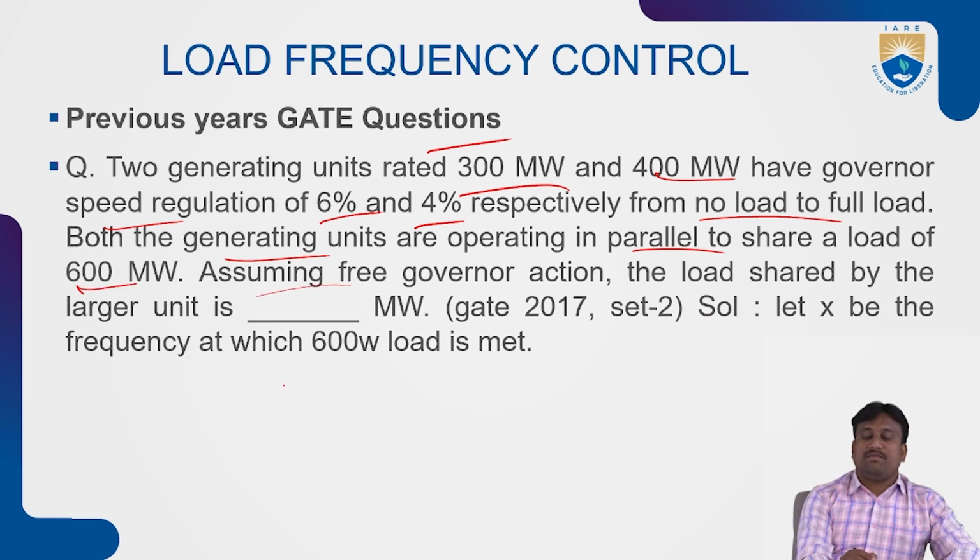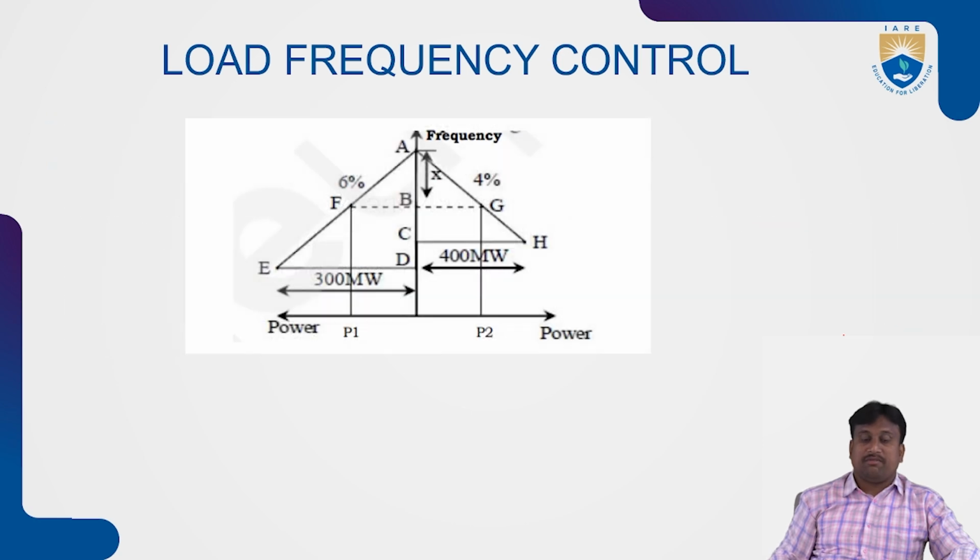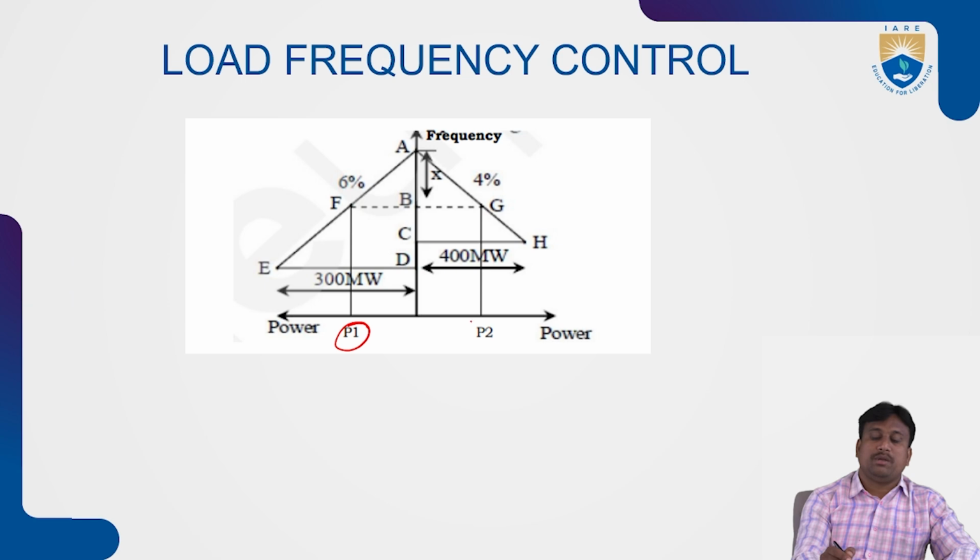Assuming free governor action, we need to find the load shared by the larger unit. Let x be the frequency variation at which the 600 megawatt load is met. We need to calculate the frequency variations as the power fluctuates from P1 to P2.